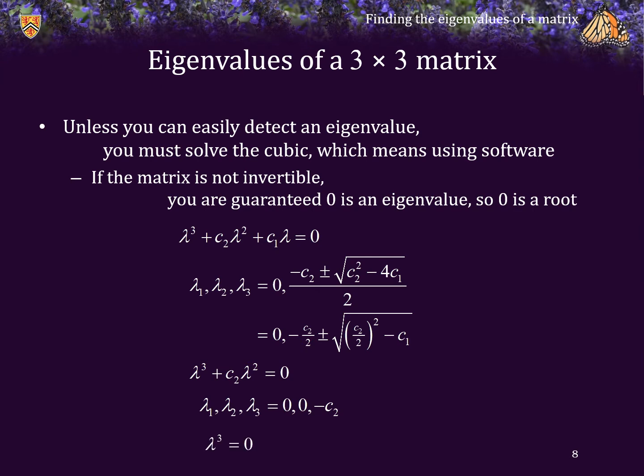The last case is that we simply have the characteristic polynomial lambda cubed equals 0, which means that all three roots are 0 and therefore all three eigenvalues are 0. This does not mean that A was the 0 matrix. There are non-zero matrices that have three eigenvalues equal to 0.